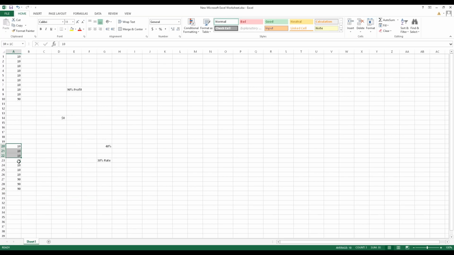On these seven trades, I lost how much? 70 bucks, right? So I lost 70. On the three that were profitable, 90 times 3, profit 270. So I'm up net 200. Make sense?